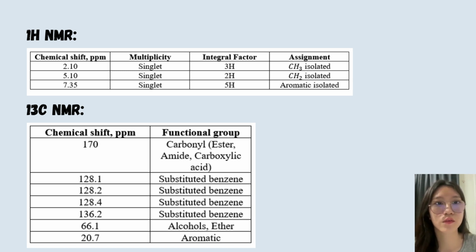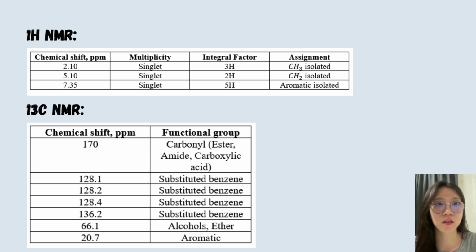For the chemical shift of 5.10 ppm, the multiplicity is single and the integral factor is 2H, so it assigns a CH2 isolated. For the chemical shift of 7.35 with the multiplicity of single and integral factor of 5H, the NMR peak is singular with 5 hydrogen. So this is assigned an aromatic isolated.